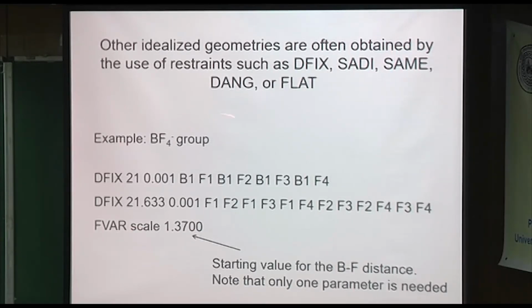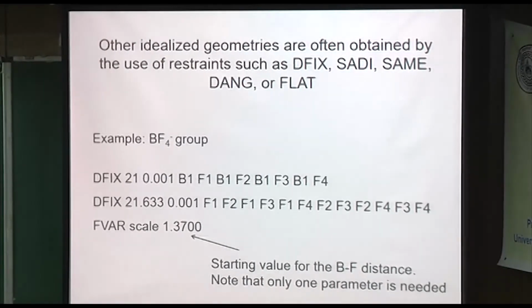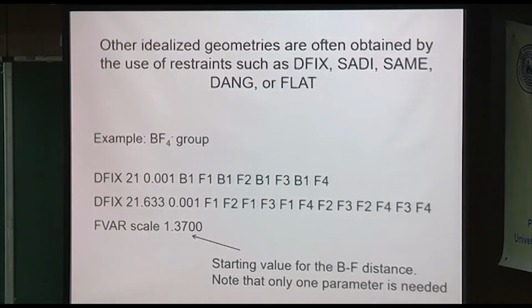If you have additional such things in your structure, you would have additional things here after that, like 31, 41, and so on. Okay, so this is just a starting value, and it's a parameter, so it will refine. And again, it's just one parameter, because this one is related to that one by this factor of 1.633. Okay.